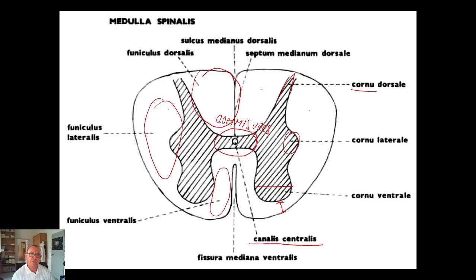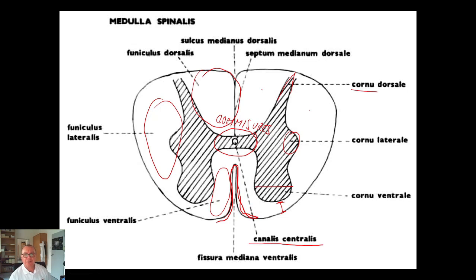Dorsal and lateral funicles are usually separated by dorsal horns. There exists also a deep fissure situated in the ventral surface and allowing the vascularization of the gray matter. Large vessels, quite big vessels, are entering this fissure and come to the vicinity of the central area of the spinal cord.